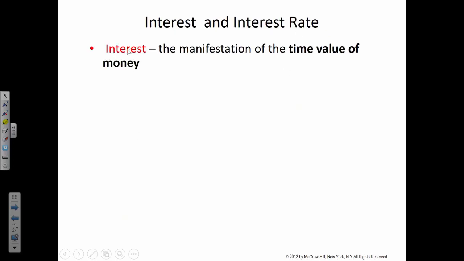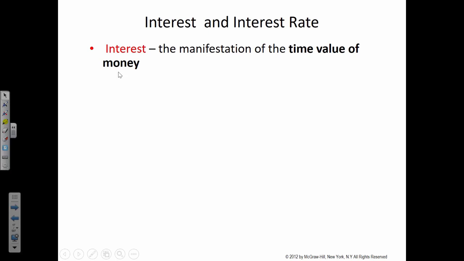Now, interest is a manifestation of the time value of money. And this is probably the biggest concept of the whole semester, time value of money. The idea of the time value of money is that money in the future isn't as valuable as money today. So think of it this way. What if I offered you $1,000 now or $1,000 in 5 years?